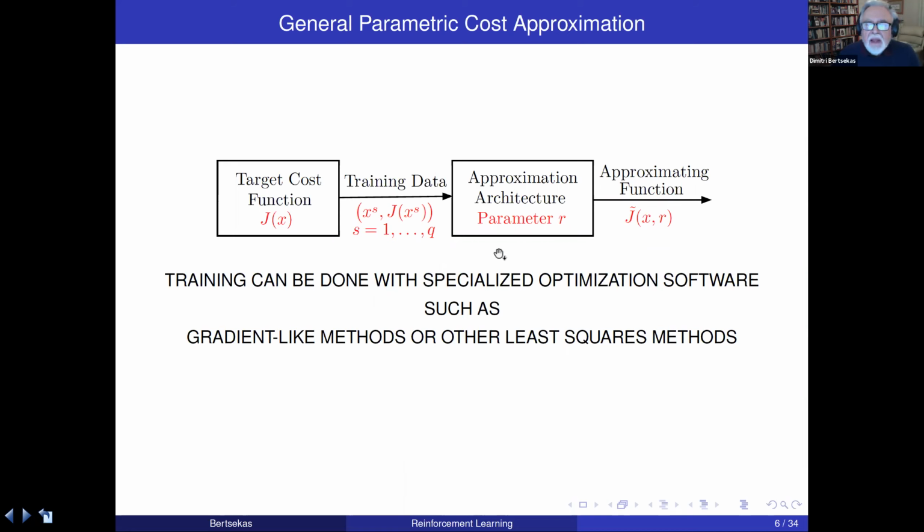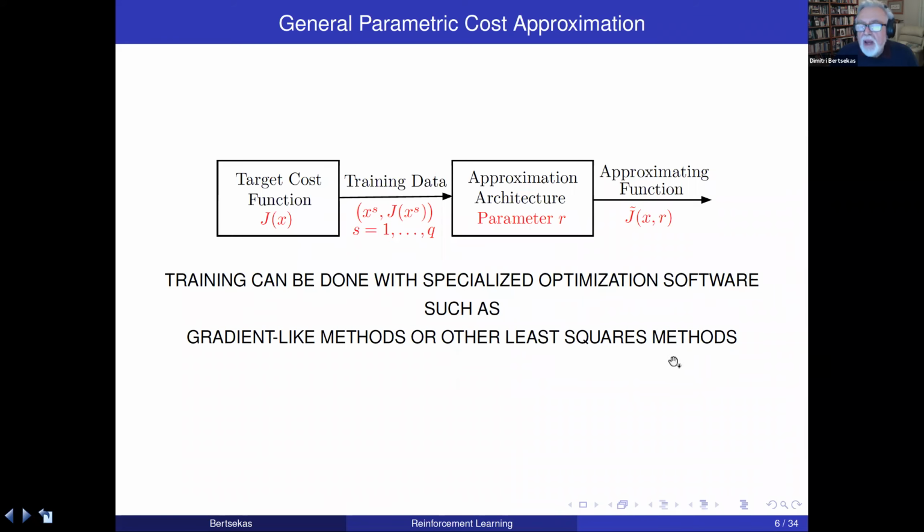And this can be done with an optimization type of algorithm. It's almost always done this way. Specialized optimization software based, for example, on gradient type methods. We're going to discuss these methods shortly. And there are also other possibilities like special least squares methods.